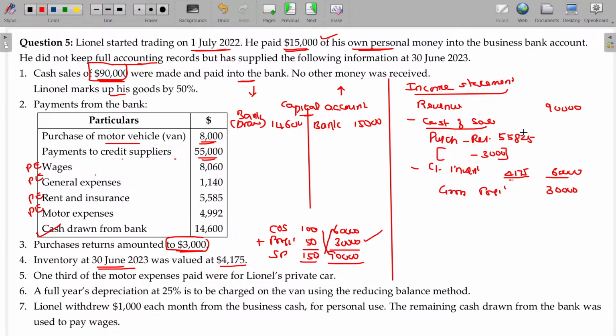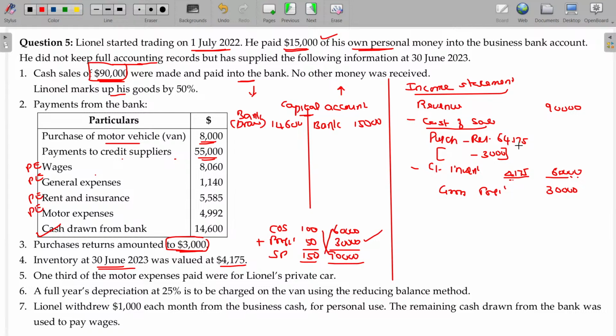Am I right? No, minus means plus, so I make a correction: 64,175. In a reverse case, 60,000 plus this one will be the purchase less return.